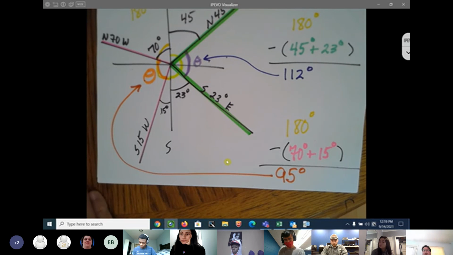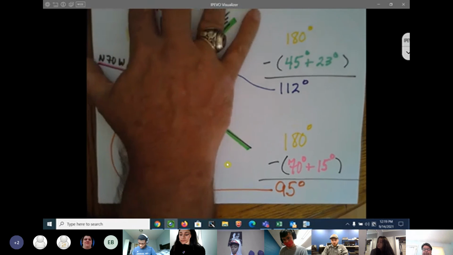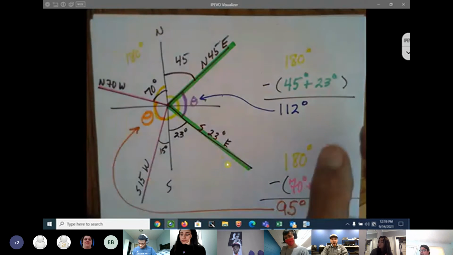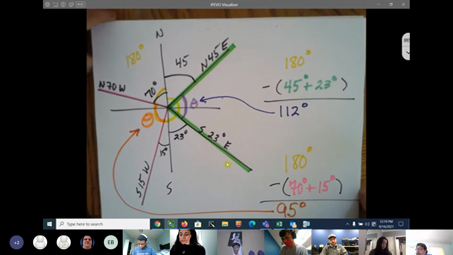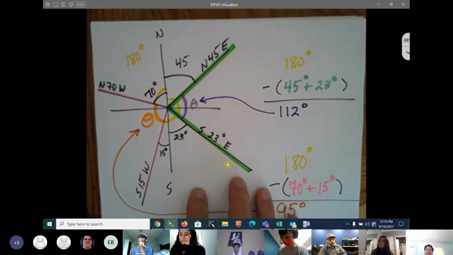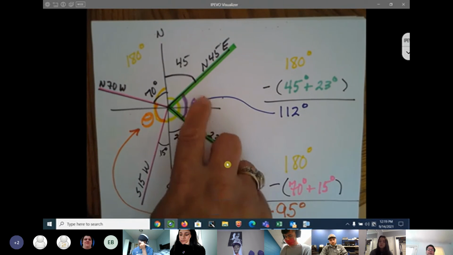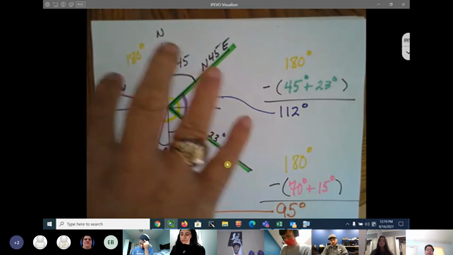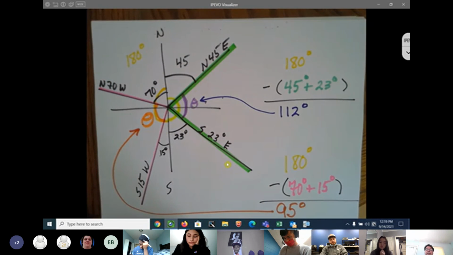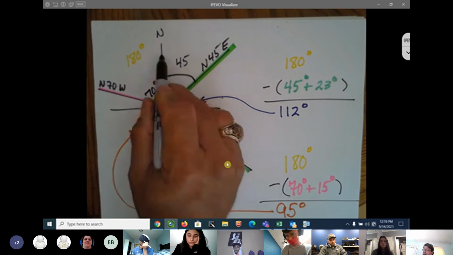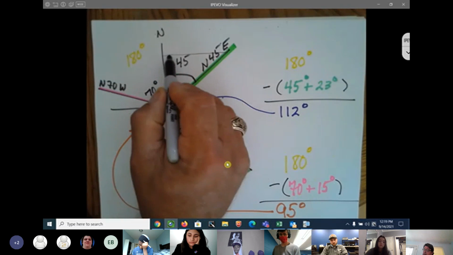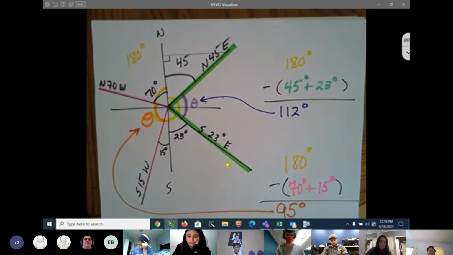So that's where we're going with 9.4. We're going to be going to bearings and distances. And you're going to be using Pythagorean, and you're going to be using the trigonometric values to do this right here. Let me just show you right quick. If I pull a distance right here, that's a 90-degree angle.